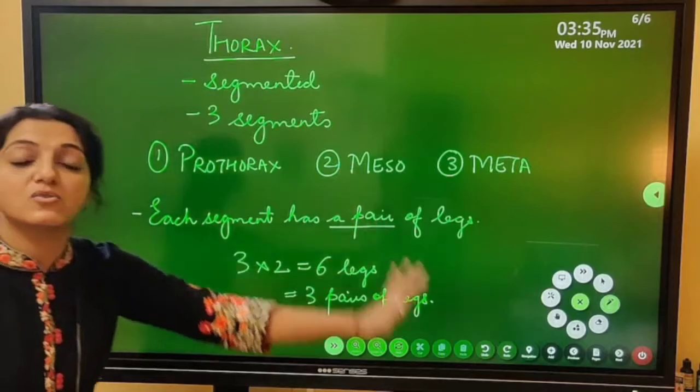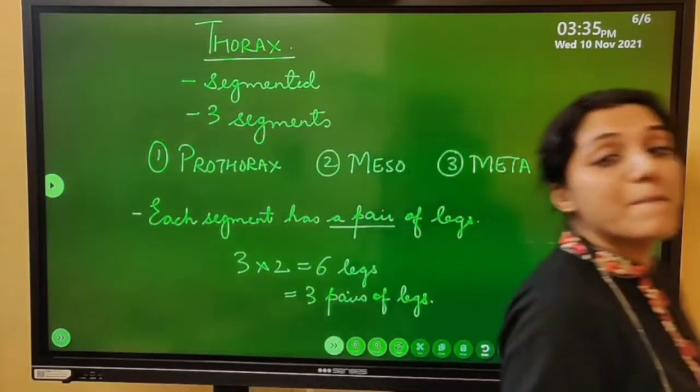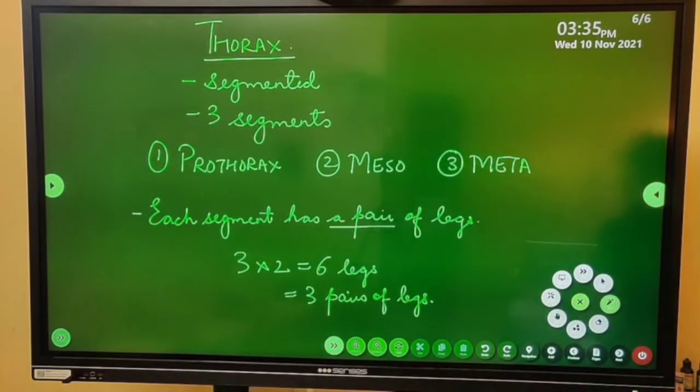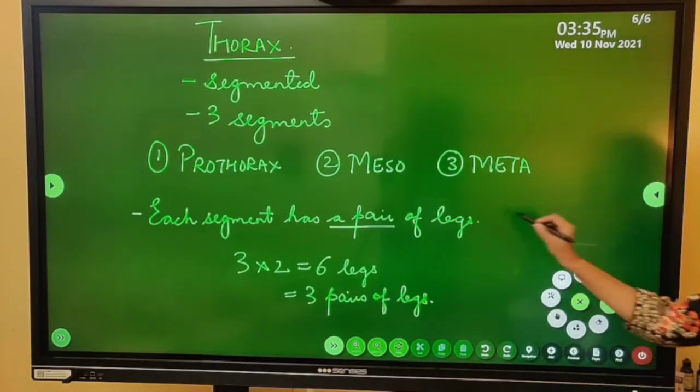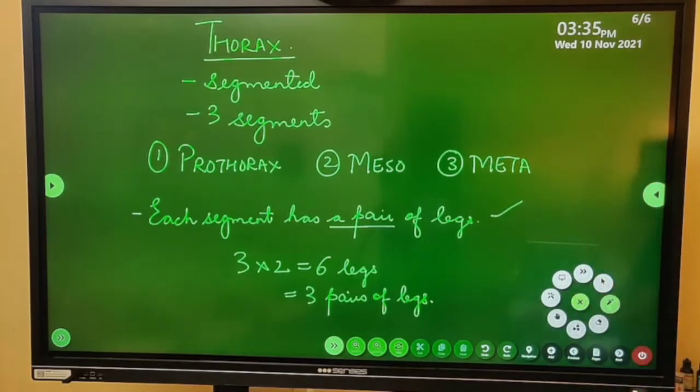Each segment is going to have 1 pair of legs. So prothorax, mesothorax, and the metathorax. Each segment will have 1 pair of legs. Again, thorax को legs के साथ साथ wings भी attached हैं.